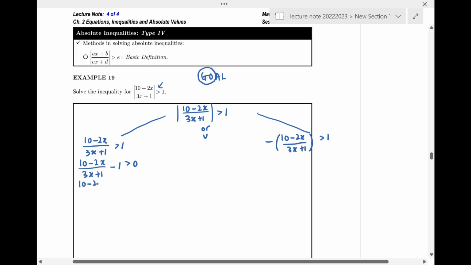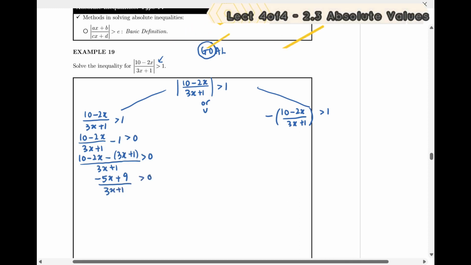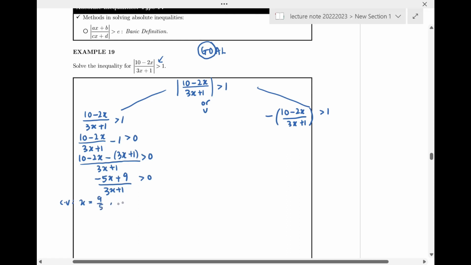So (10 minus 2x minus (3x plus 1)) over (3x plus 1) greater than 0. Simplify this, we will have (negative 5x plus 9) over (3x plus 1) greater than 0. From here, we have the critical values, which are x equals 9 over 5 and x equals negative 1 over 3.